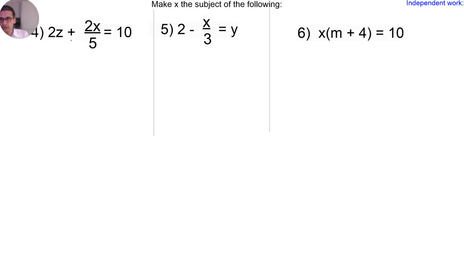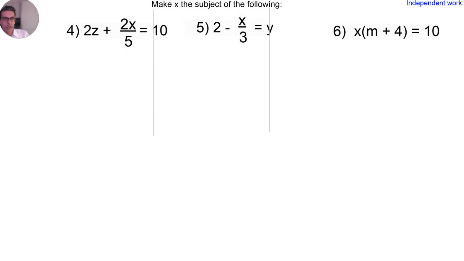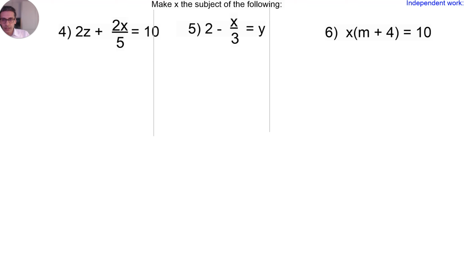Okay, question 4. I am going to start by taking away 2z from both sides. So that cancels out because it's a 0 pair.